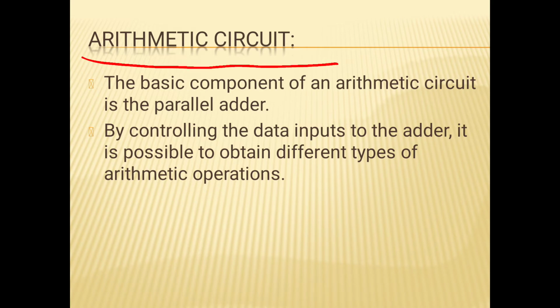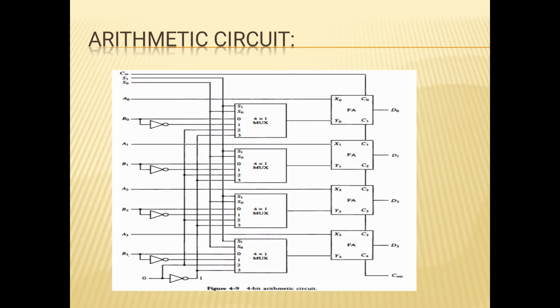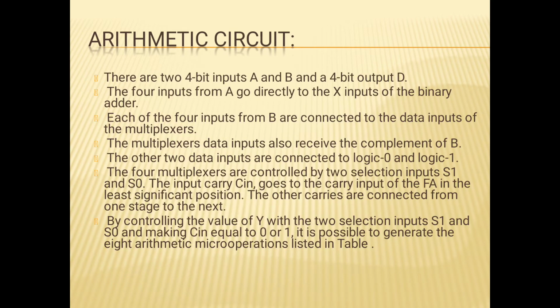The basic component of an arithmetic circuit is the parallel adder. By controlling the data inputs to the adder, it is possible to obtain different types of arithmetic operations. See the diagram of the arithmetic circuit. Here we use a 4-bit arithmetic circuit.